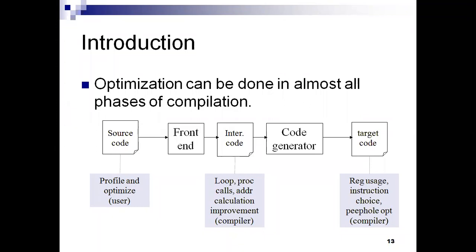Based on these two factors, we generate an output in the form of efficient code or inefficient code, right? So everything depends on these two factors, the programmer and the compiler. Those two play the most important role in optimization.